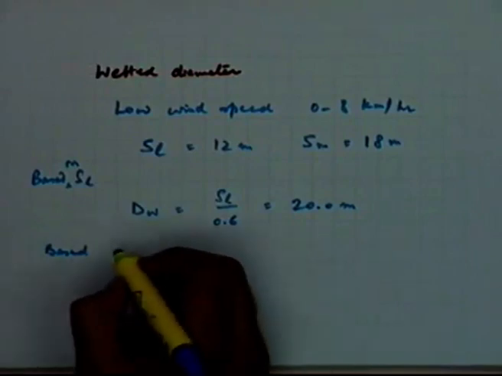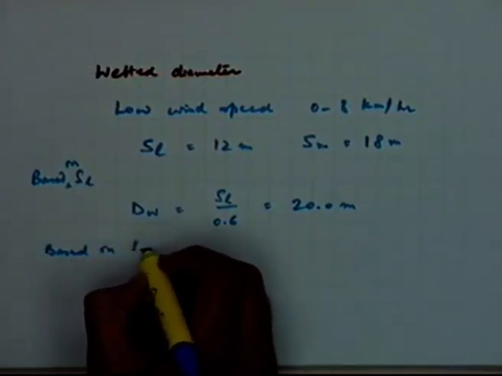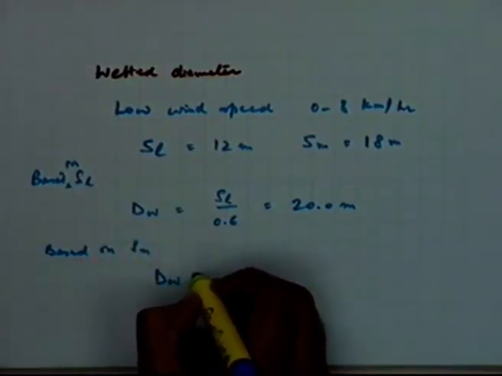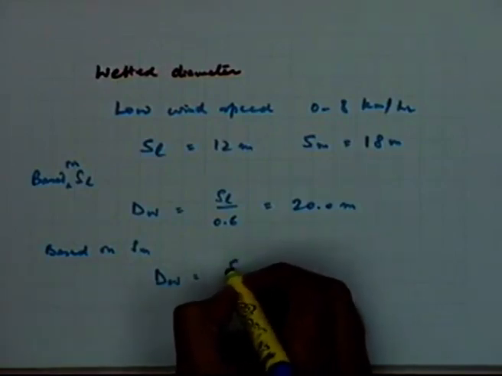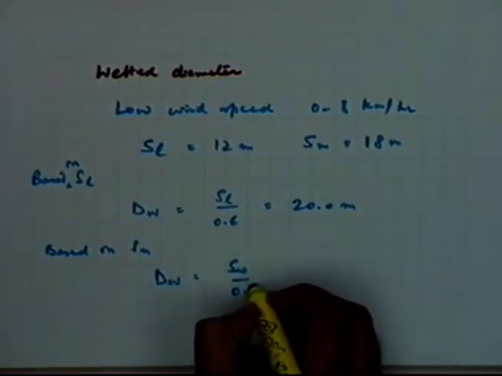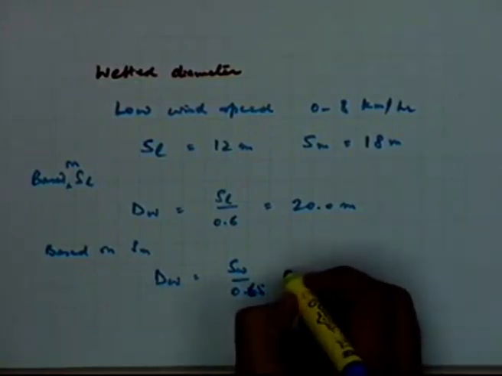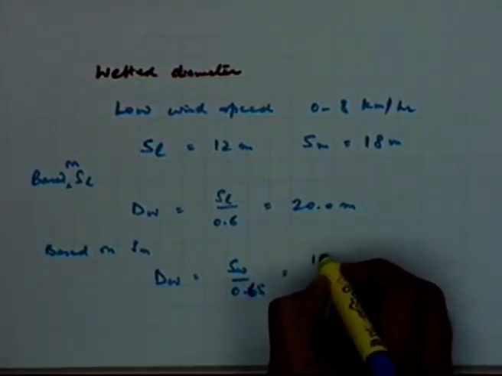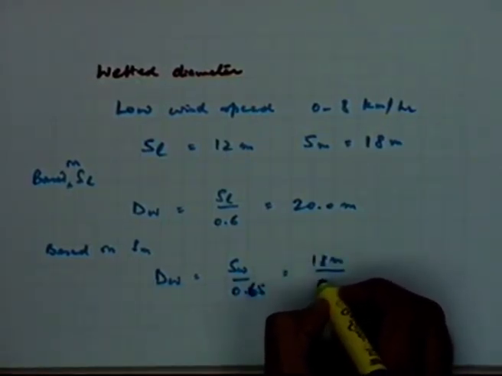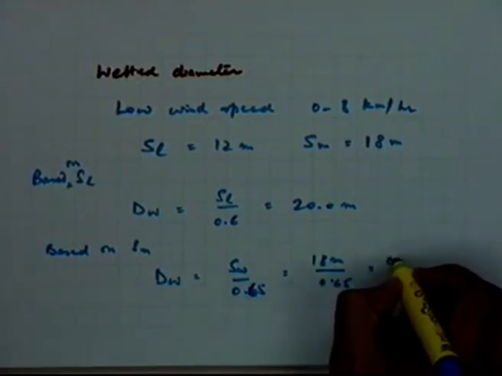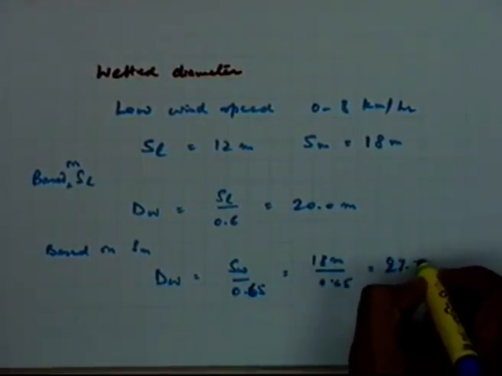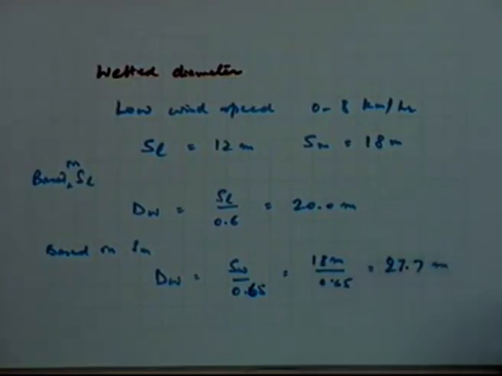Checking on the basis of the mainline spacing, the ratio is 0.65. So this is 18 meters by 0.65, which is 27.7 meters.